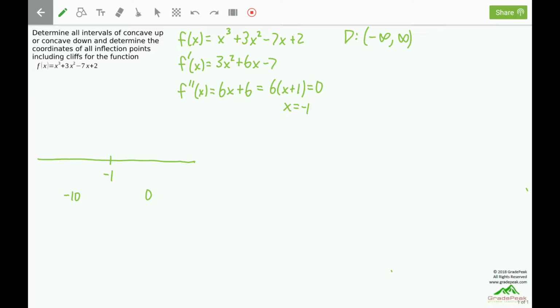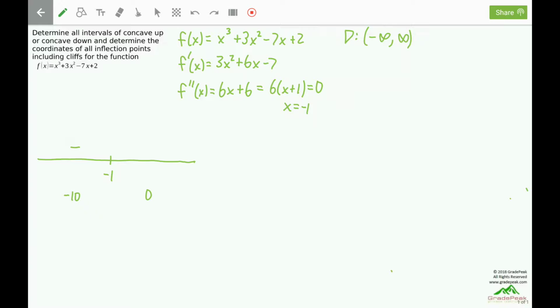We can now test the concavity in each of these intervals by plugging the test values into the second derivative. We don't care about the value of the second derivative, just whether it is positive or negative. The best place to plug in is the fully factored version, which is this one. Starting with negative 10, negative 10 plus 1 is negative times a positive 6 is still negative.